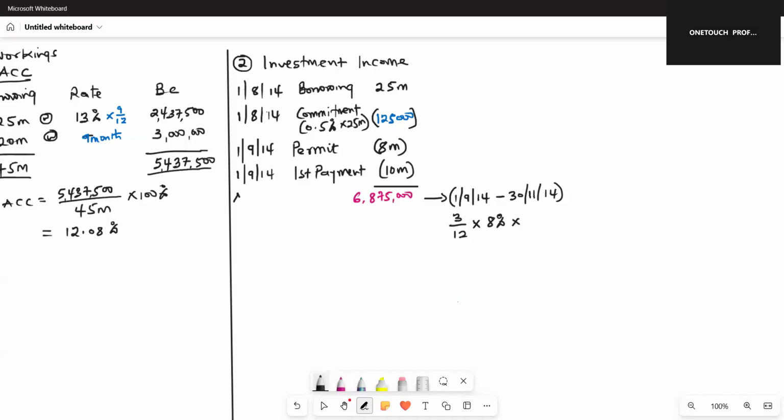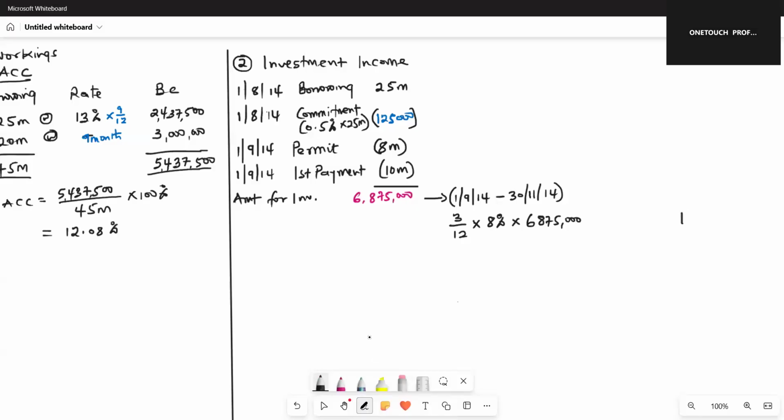So the amount for investment is 6,875,000. How much are you going to get? I'm getting 137,500.